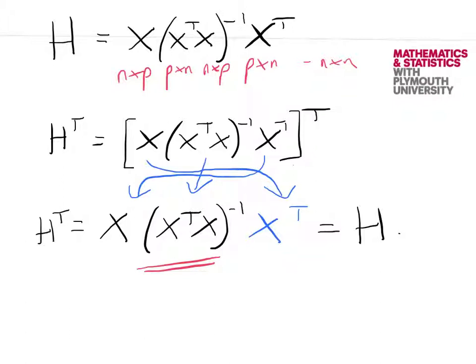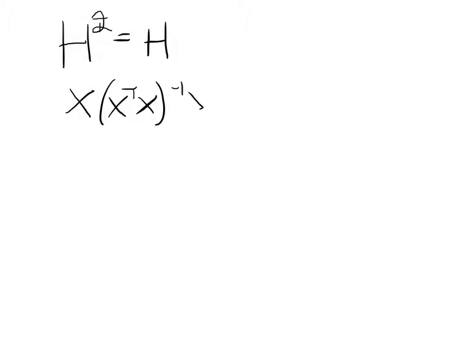Now the next property of the hat matrix we're interested in is that it's an idempotent matrix. In other words, H squared equals the hat matrix. We've just shown that it was symmetric, and if we want to see this, we can just write it out in full: X (X transpose X) inverse X transpose, multiplied by X (X transpose X) inverse X transpose.